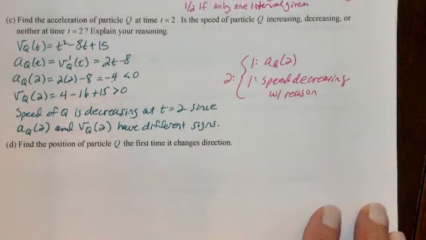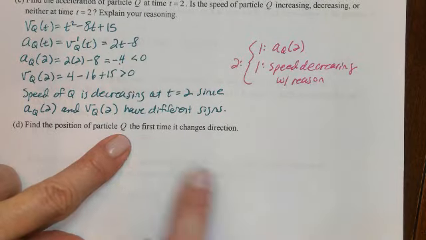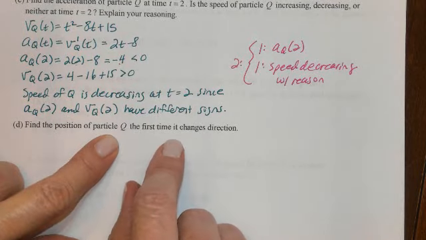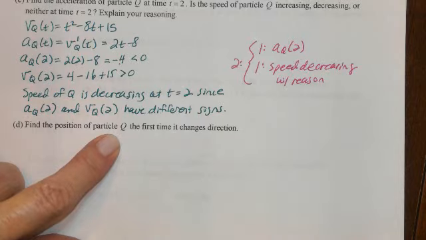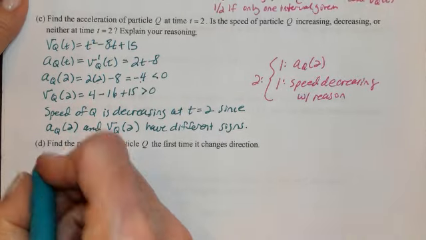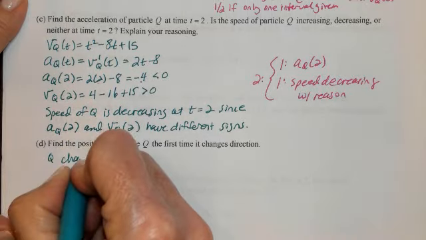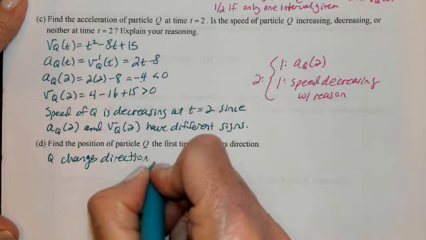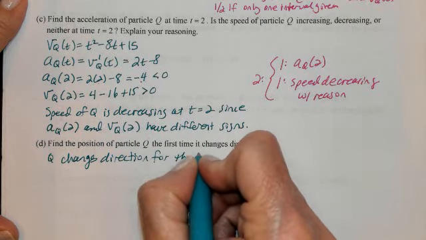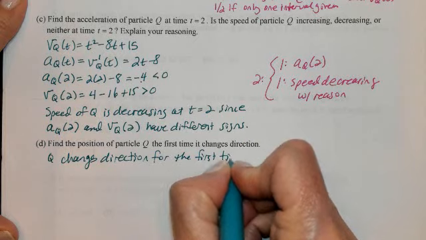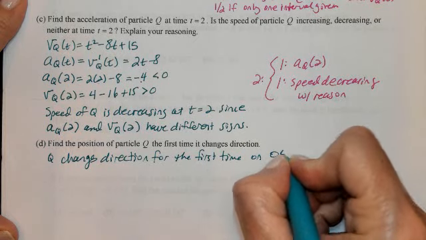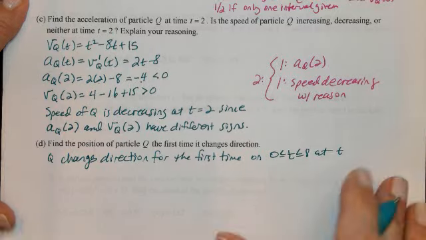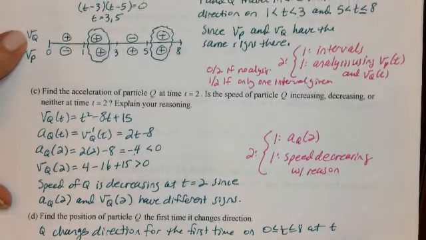Okay, next up, find the position of q the first time it changes direction. So q changes direction for the first time on our interval at time... I'm going up and I'm looking at this chart.